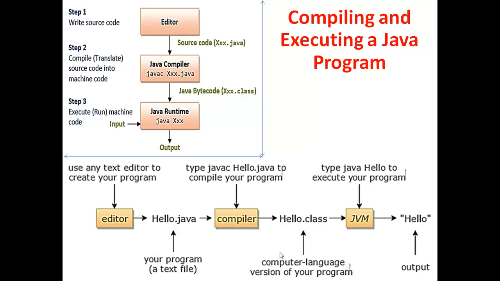Afterwards, we compile that Java program. For compilation, we use the Java compiler, and the line written for compilation is javac, the name of the program with .java extension. After compilation, we get a .class file, which is an executable file.